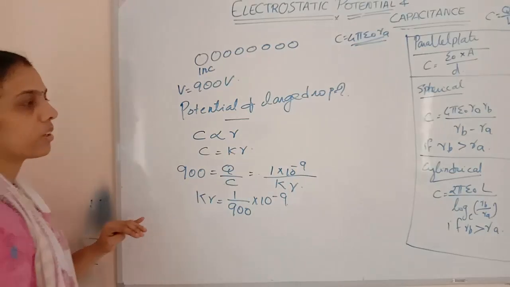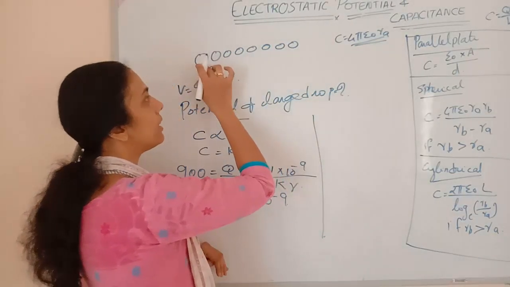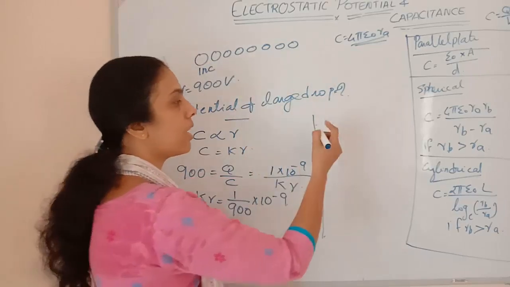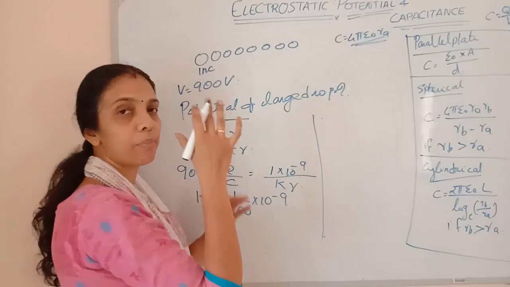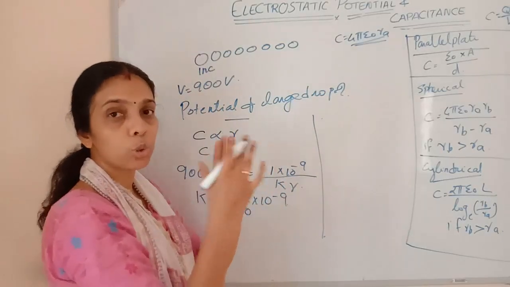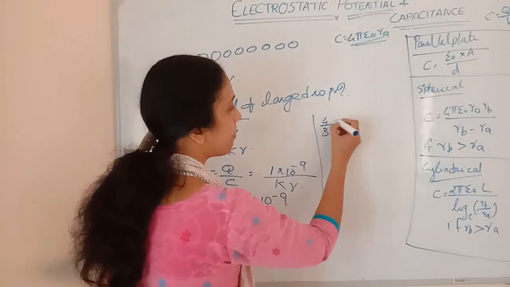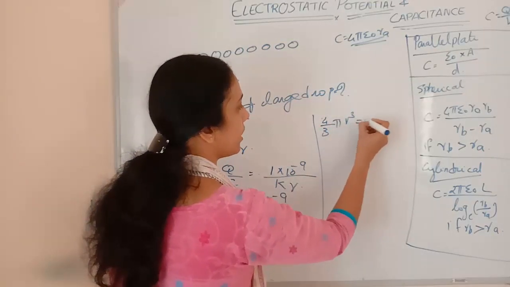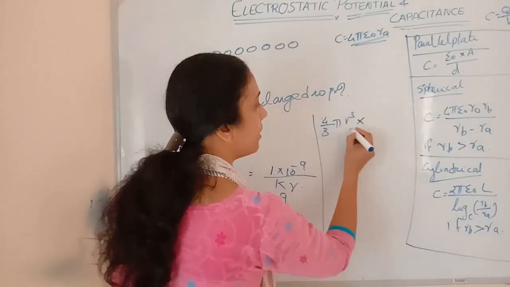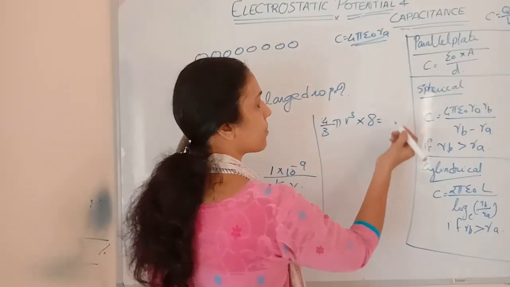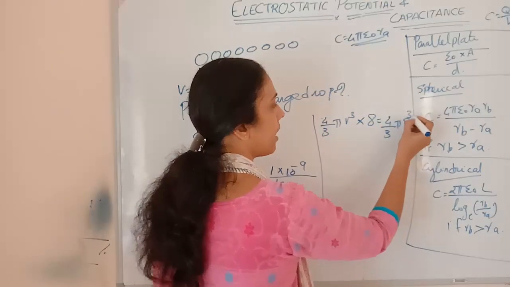Now we are finding out for the large sphere. The volume of each sphere is added together and becomes a large sphere, so the total volume will remain the same. So 4 by 3 pi r cube into 8, for 8 spheres, will be equal to 4 by 3 pi capital R cube.